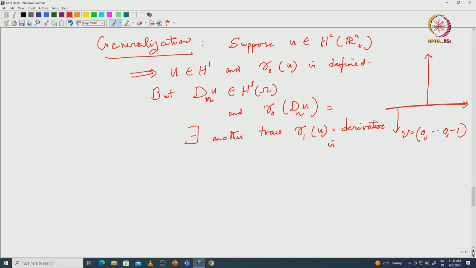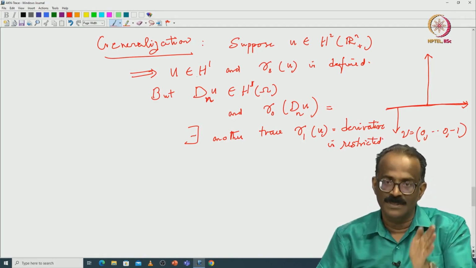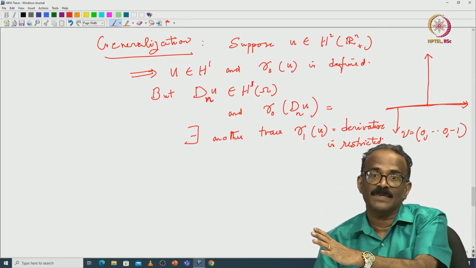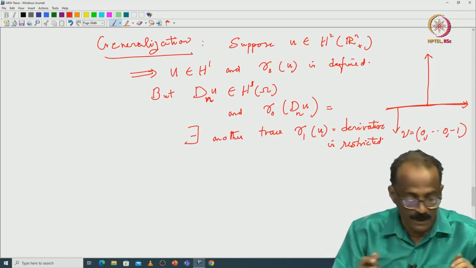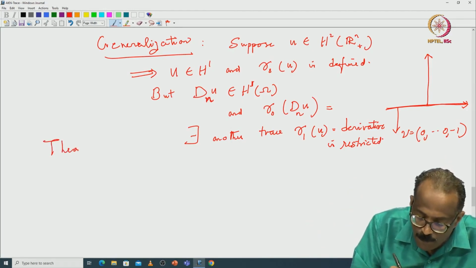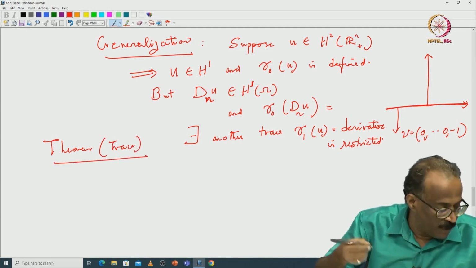So if you take u in Hm, you can restrict u, its derivative, second derivative, third derivative, till you get n minus 1 derivatives. Okay. So you have trace maps for all of that. So that is the theorem, the trace theorem.